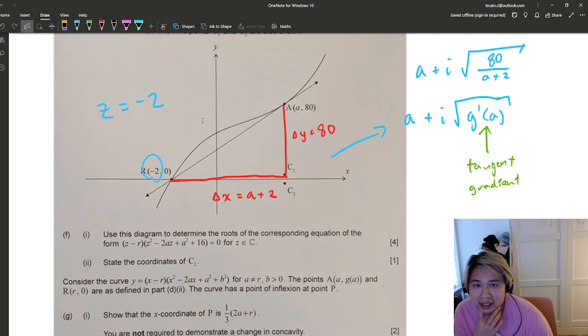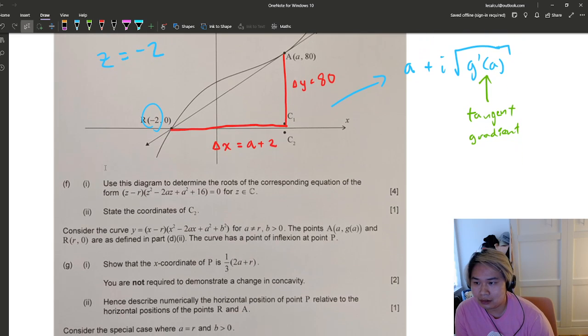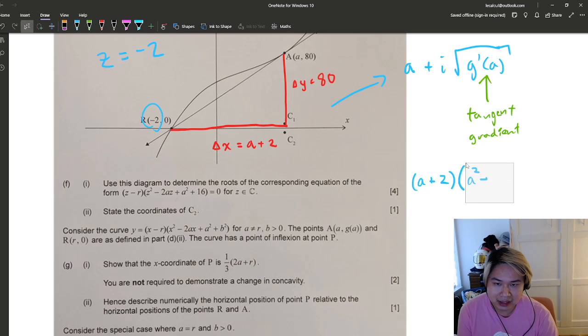Then I need to know what a is gonna be. So I know if I plug in a into the function, I should get 80. And I also know that r is negative 2. Okay. So what this is saying is that a plus 2 times a squared minus, oh wait, this all cancels out to be 16 because we saw that before.